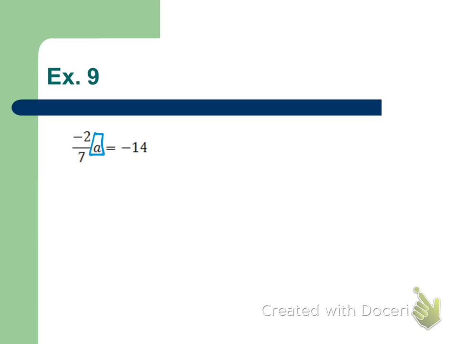So I've got my variable in a box. I split up my equation with a line. I see that I've got a fraction right next to my variable. It's attached to my variable. So I'm going to multiply both sides by what, Jaquan? Negative 7/2.